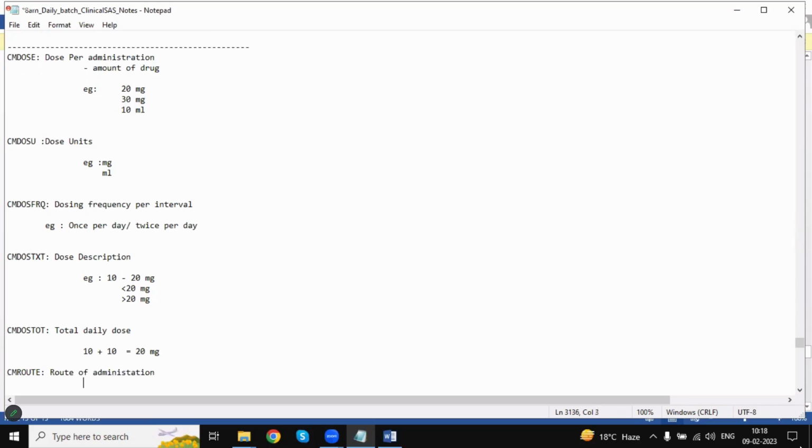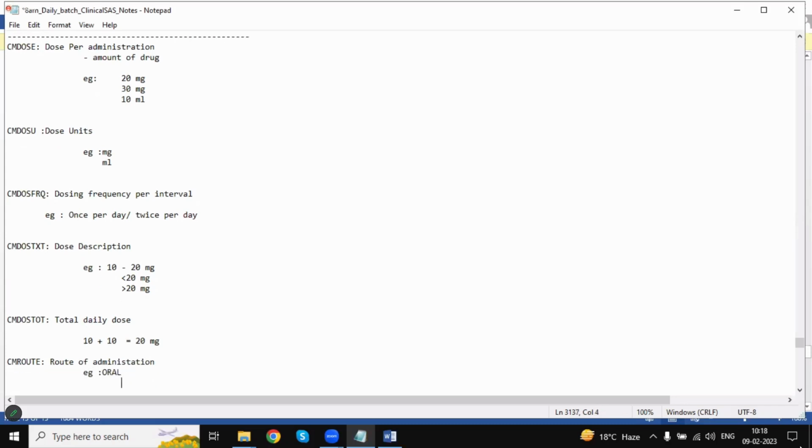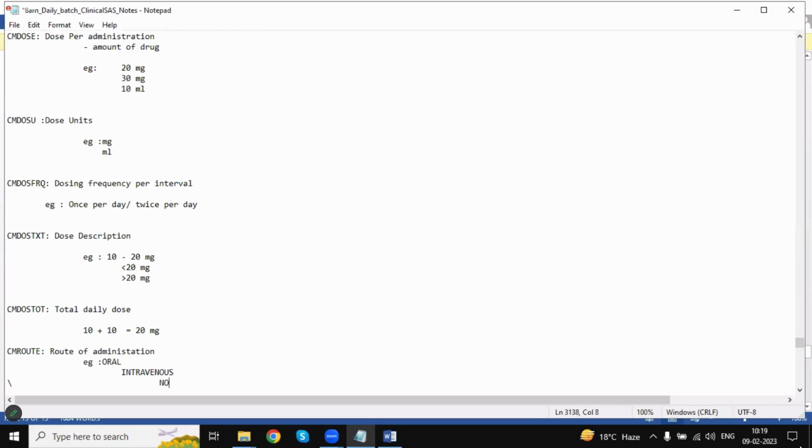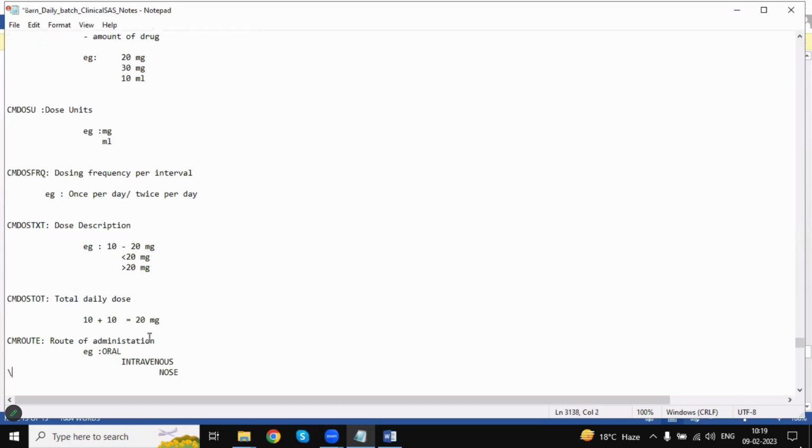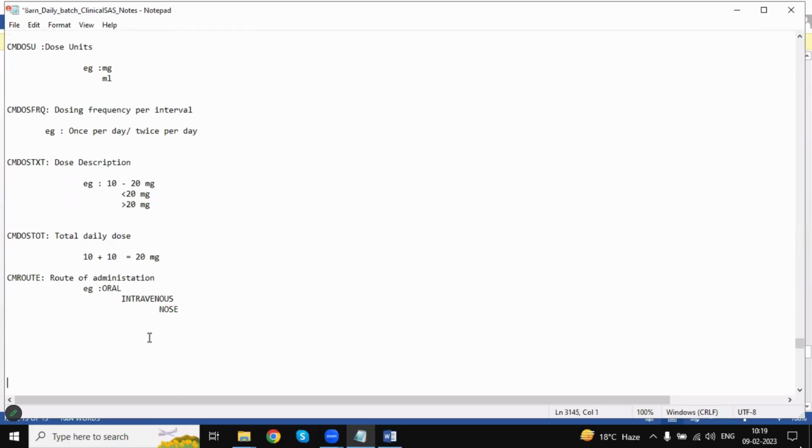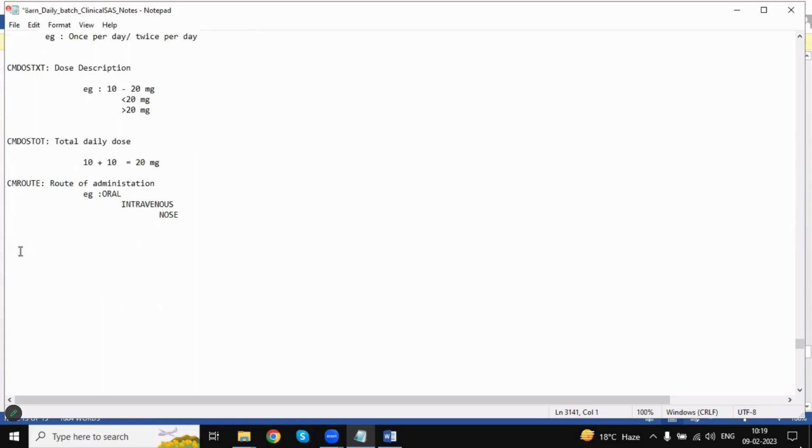So by which route is it being taken? Is it taken orally, or as intravenous injections, or as nasal drops, or some other route? CM route is the route of drug administration. Okay.